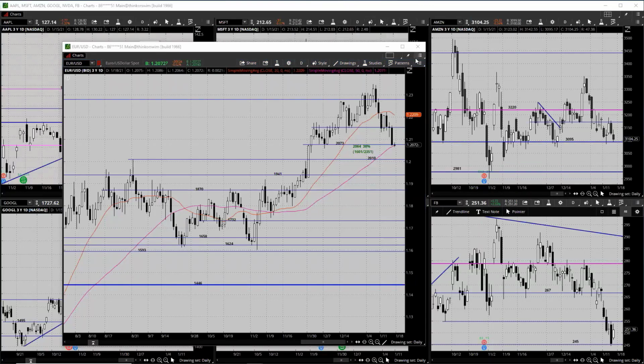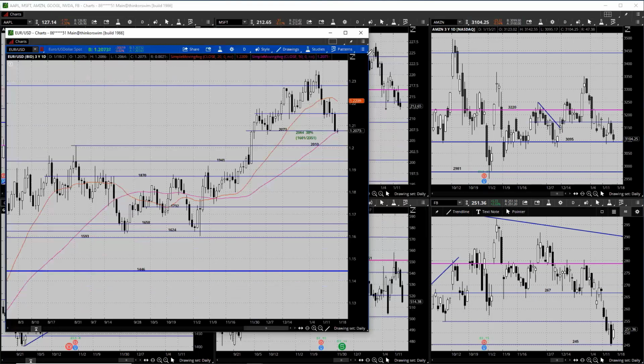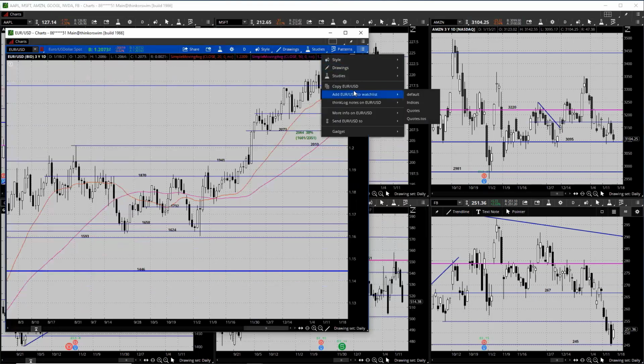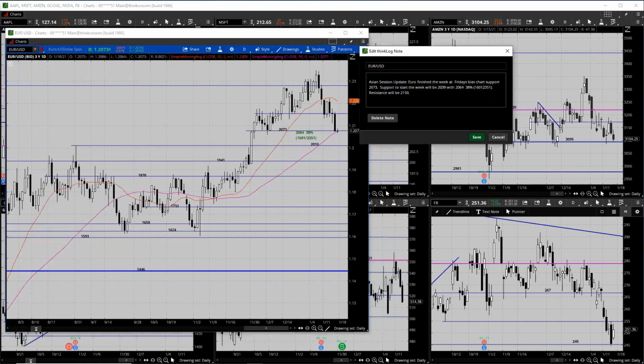Well, there's the euro, so the euro finished the week at the Friday buys chart support of 2073.